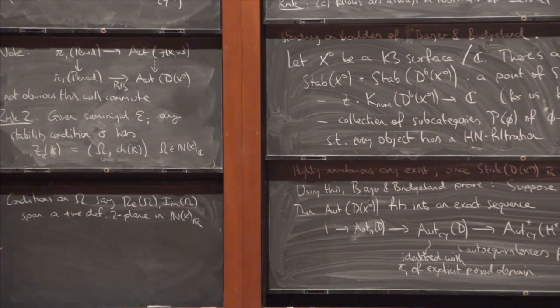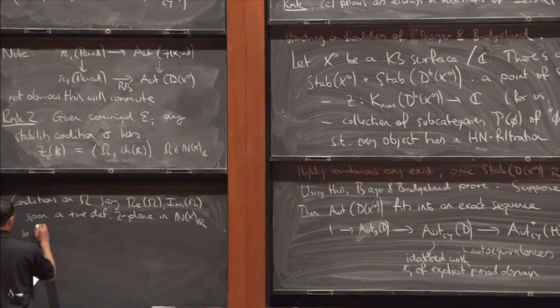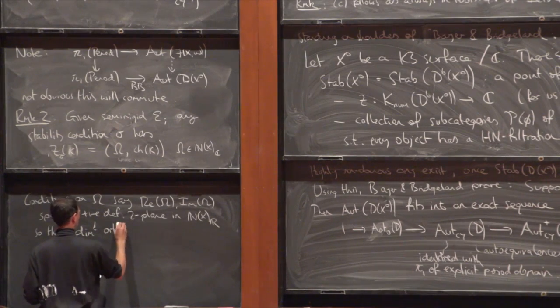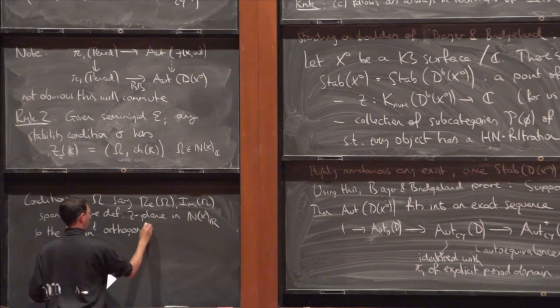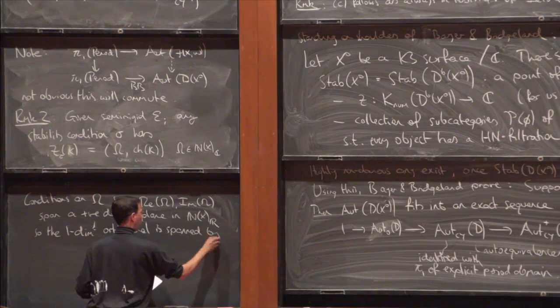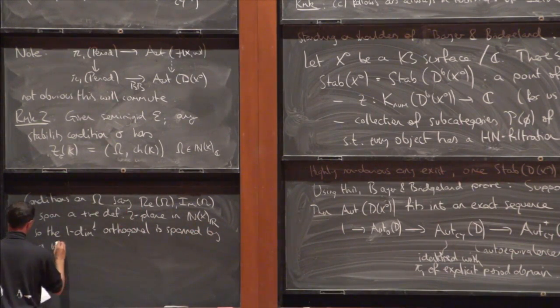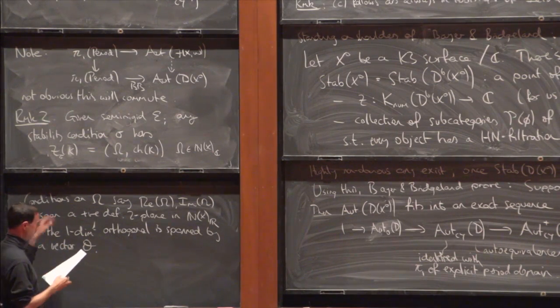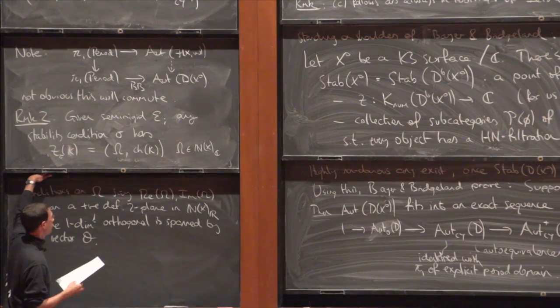So that has a one-dimensional orthogonal, say that's spanned by some vector theta.